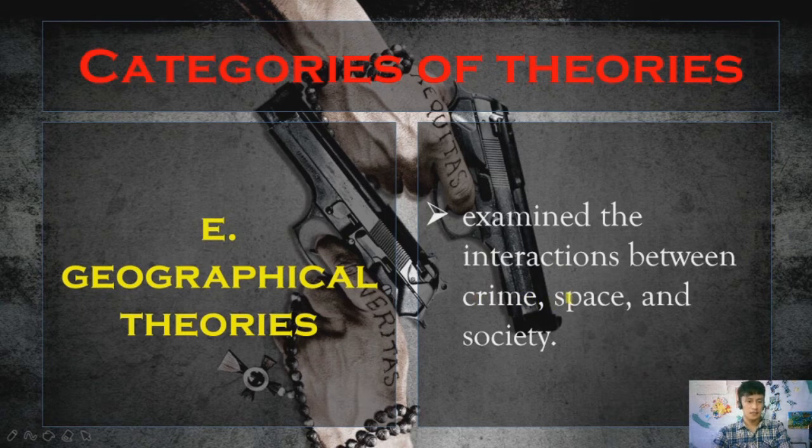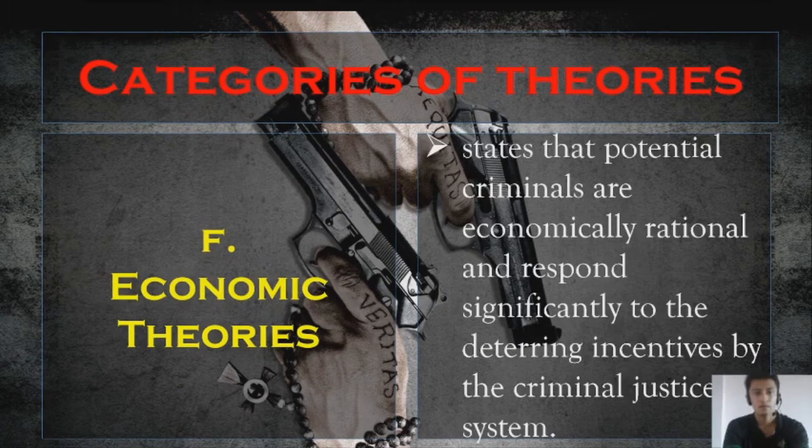Okay, doon sa mainit na lugar, what are the common types of crime that are being committed also, or bakit ganon mas maraming crimes against person doon sa mainit na lugar kaysa doon sa malamig na lugar. So those are some of the explanations, or those are the things that we are trying to present when we say geographical theory.